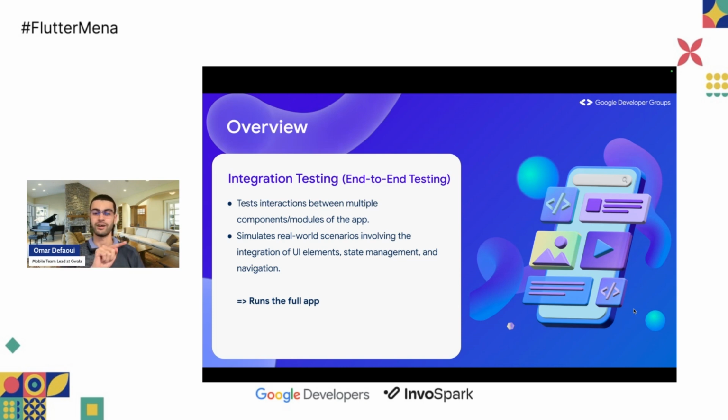So we have a square shape, and inside the shape, we have a text which is login. So if we want to test only this button if it's working correctly, we can have a widget test for that button. So whenever we click on that button, we expect that we show a loading indicator instead of the login text. So this is for the widget test.